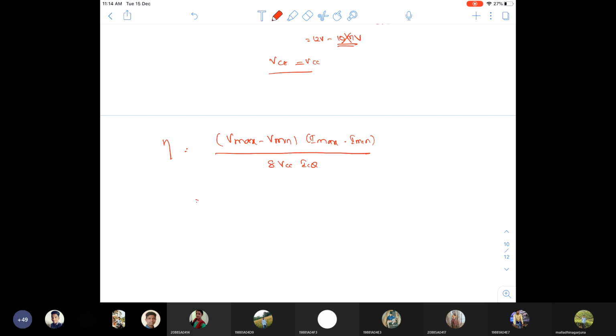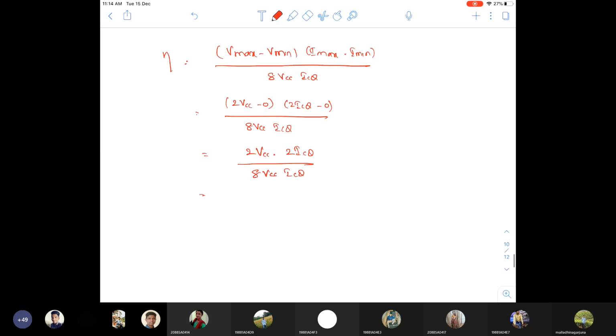That equals 2 VCC minus 0, into 2 ICQ minus 0, divided by 8 VCC into ICQ. So 2 VCC into 2 ICQ divided by 8 VCC into ICQ, and the result is 1/2, so 0.5. Efficiency is equal to 50%.